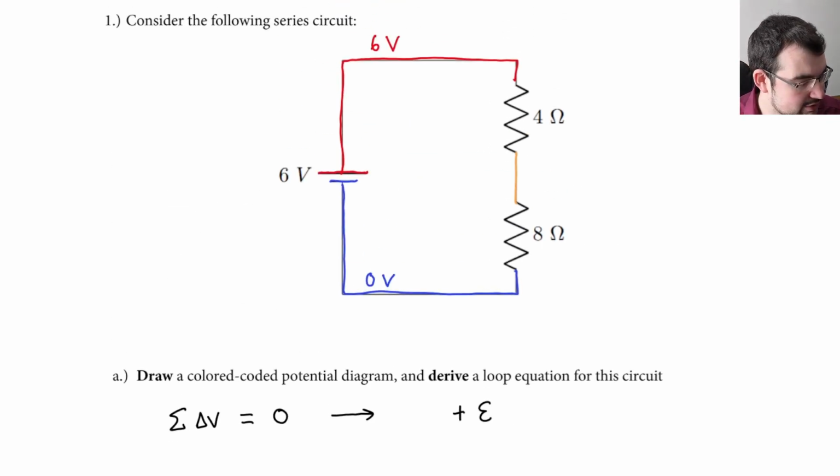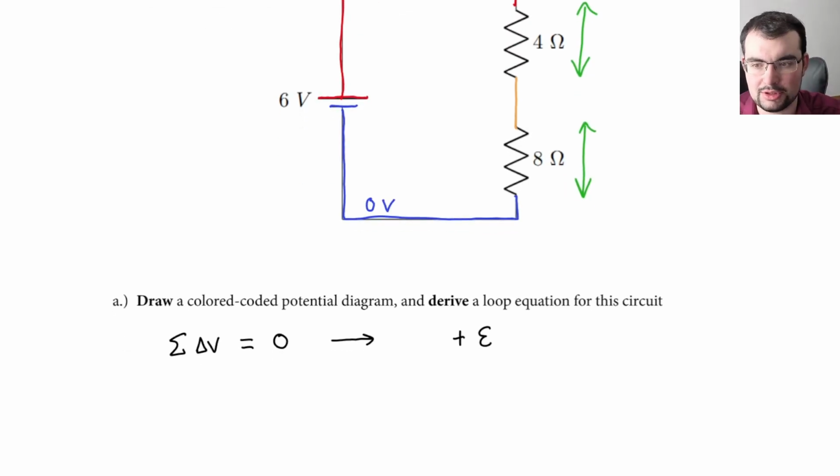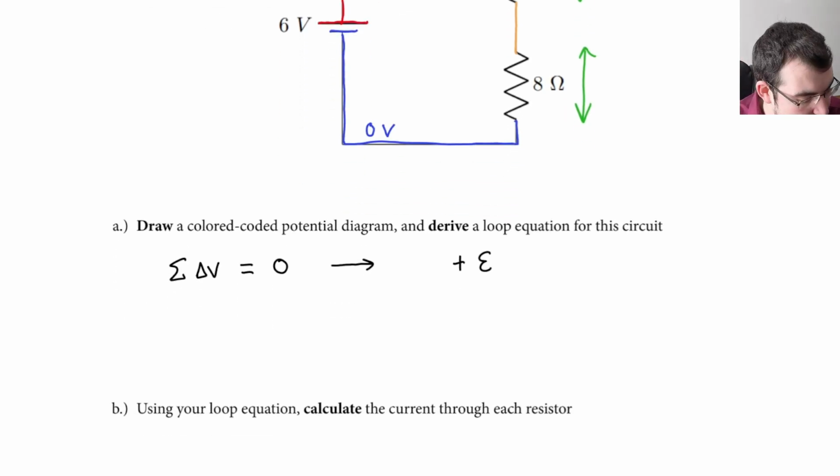Then we encounter our first object, the 4 ohm resistor, and we know that we're going to drop some volts across it. Then we would encounter the 8 ohm resistor, and we're going to drop some volts across that.